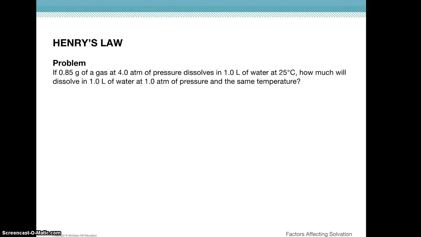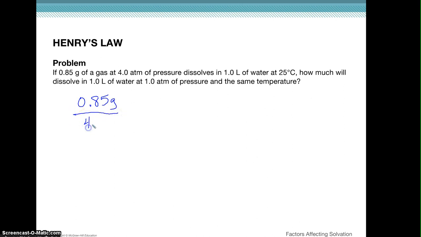So let's take a look at using Henry's law in a calculation. It says, if 0.85 grams of a gas at 4 atmospheres of pressure dissolves in a liter of water at 25 degrees Celsius, how much will dissolve in a liter of water at 1 atmosphere of pressure at the same temperature? So our solubility over pressure. So 0.85 grams will dissolve at 4 atmospheres.